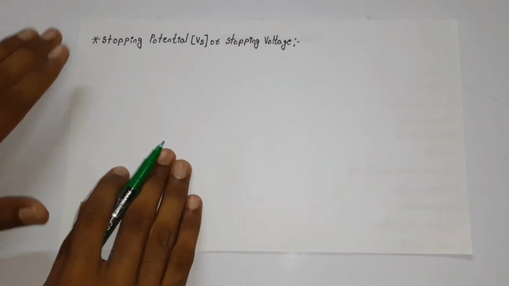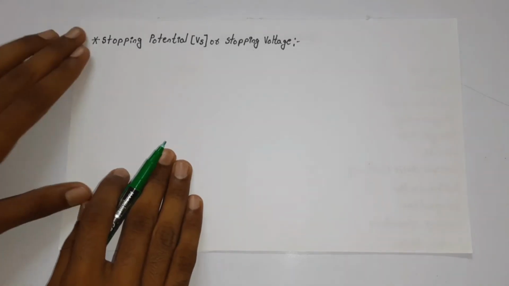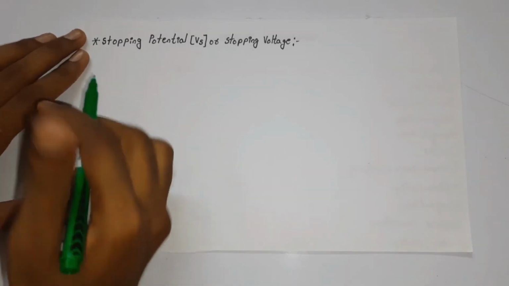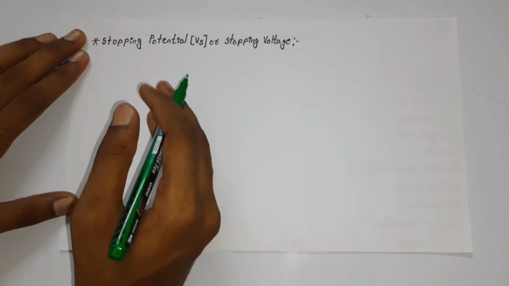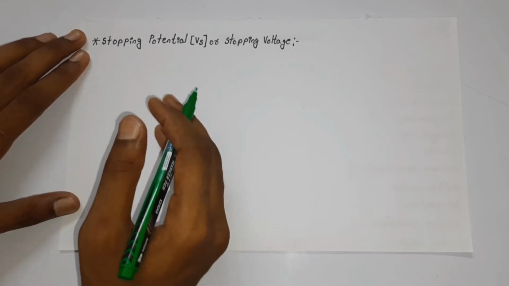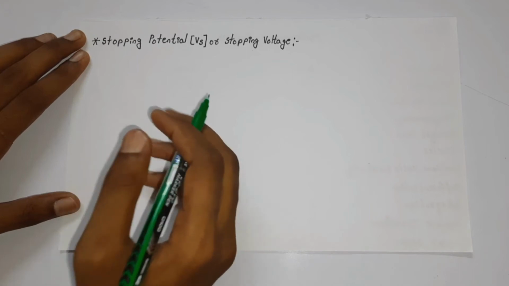Now let us know what is meant by stopping potential, or the stopping voltage. The stopping voltage is the voltage difference required to stop the electrons moving from the plate or the metal and creating a current in the photoelectric experiment.